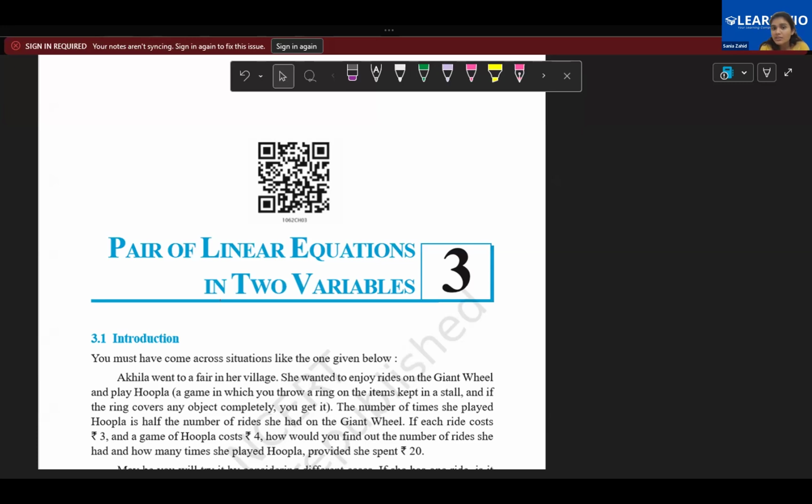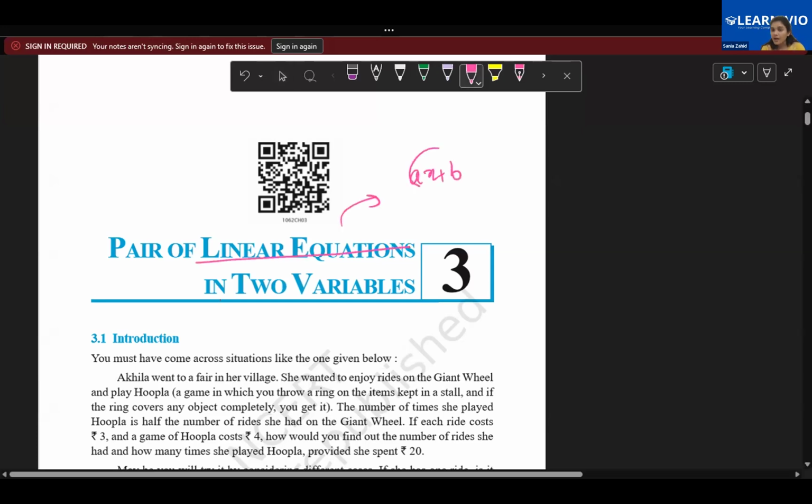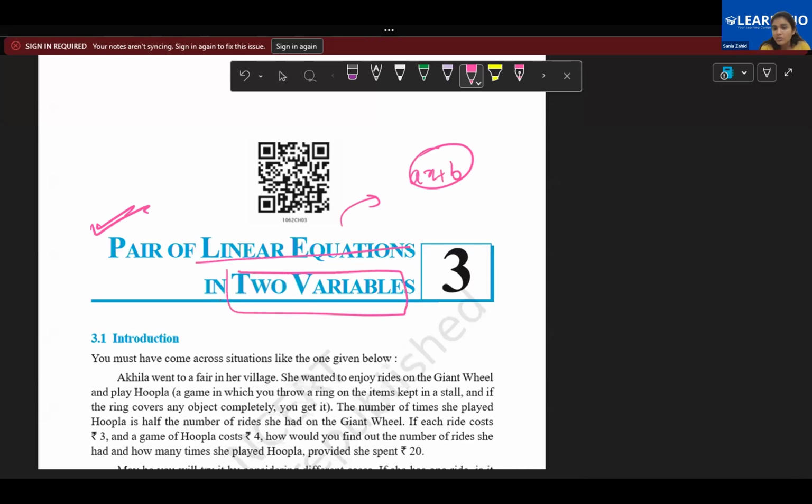Linear equations are basically the ones that are having the general format ax plus b, right? But the point over here is, children, this chapter deals with linear equation in two variables. Now, this is an important point, and this is what makes the basis of the lesson. We are not just doing any random chapter. We are doing two variables equations.